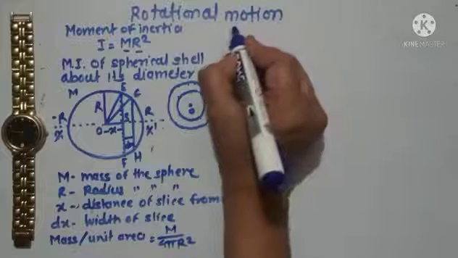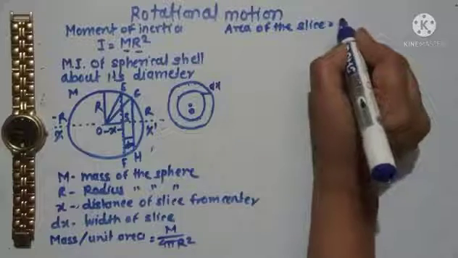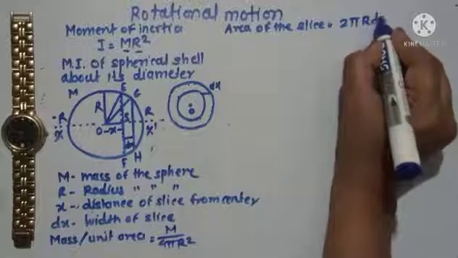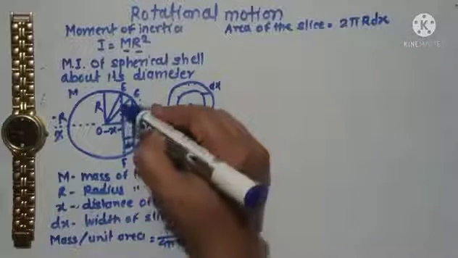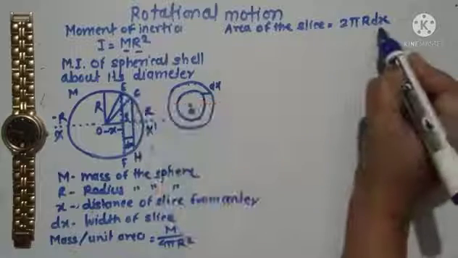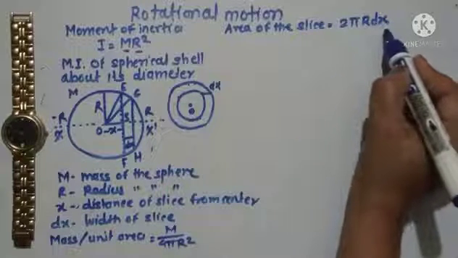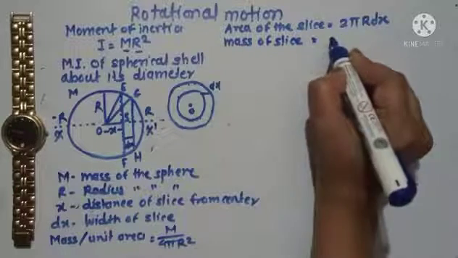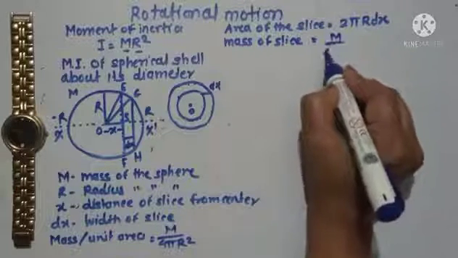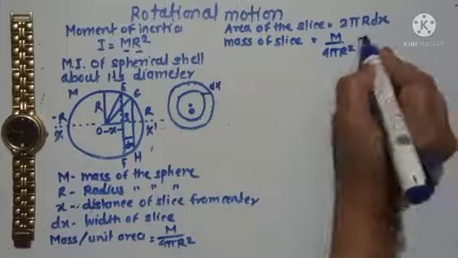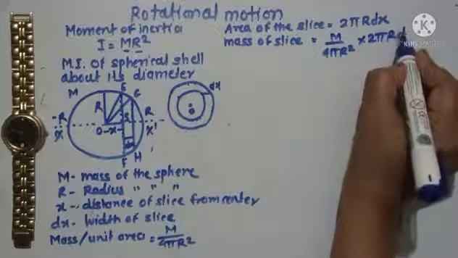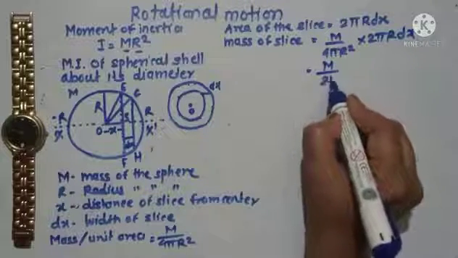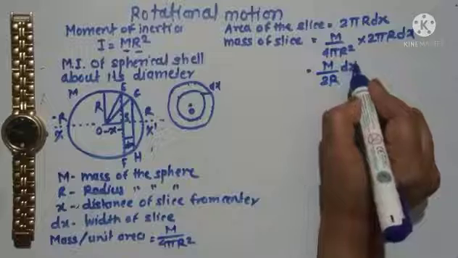Now area of this slice is 2 pi into r into dx, where r is the radius of the slice and this dx is the width of the slice. Mass of the slice can be given by m upon 4 pi r square multiplied by this 2 pi r dx, which will give us m upon 2r dx.